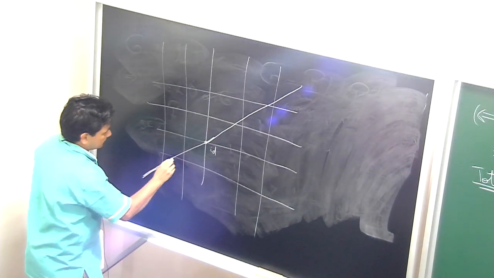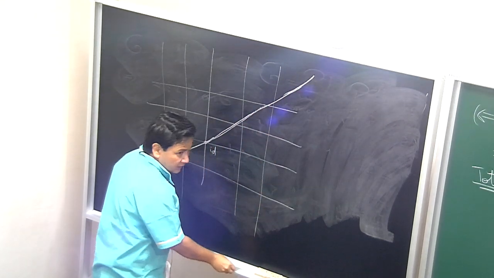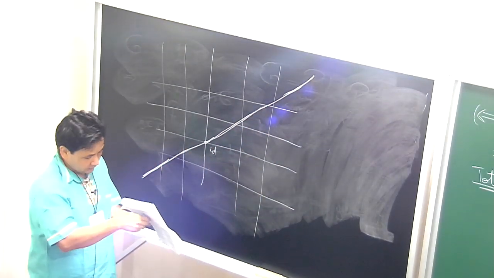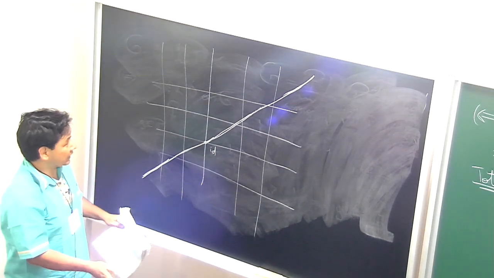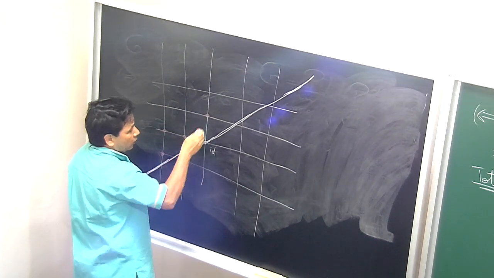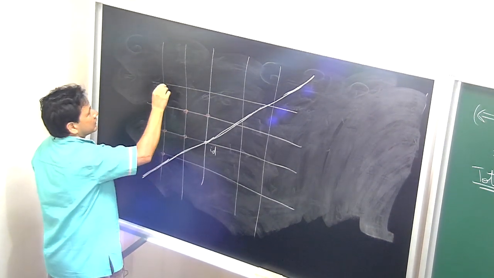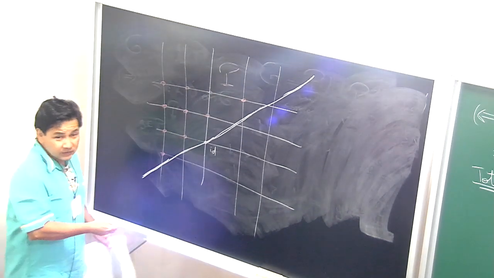Okay? When I have such a line, I get an order on C to the square, because I can decide that this set of points, those that are above the line, is the positive cone, and this is a semigroup.